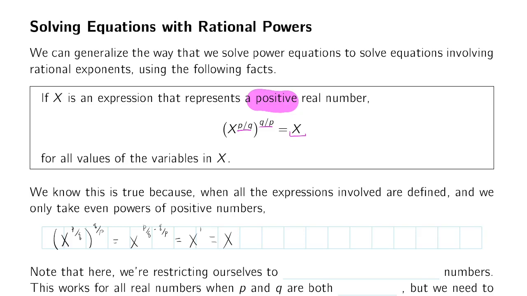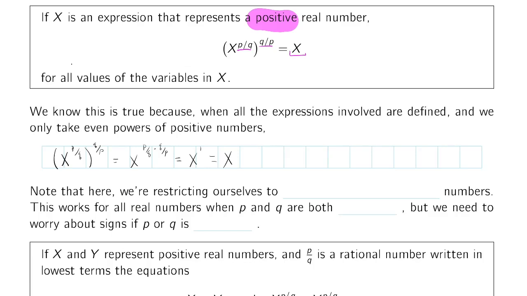We need to be a little bit concerned when our base is a negative number, and we'll deal with that in a little while. But as long as our base is a positive number, we don't need to worry. So again, we're restricting ourselves to positive numbers. But if p and q are both odd, we don't need to worry about signs.